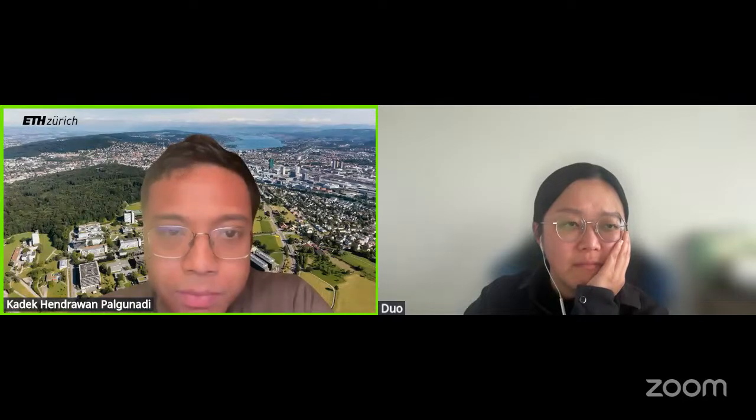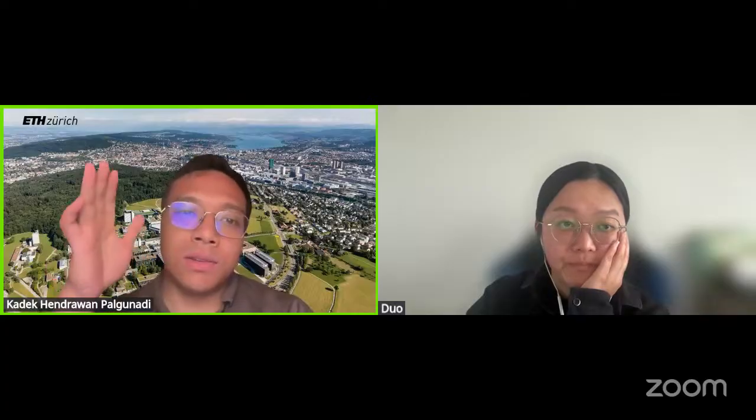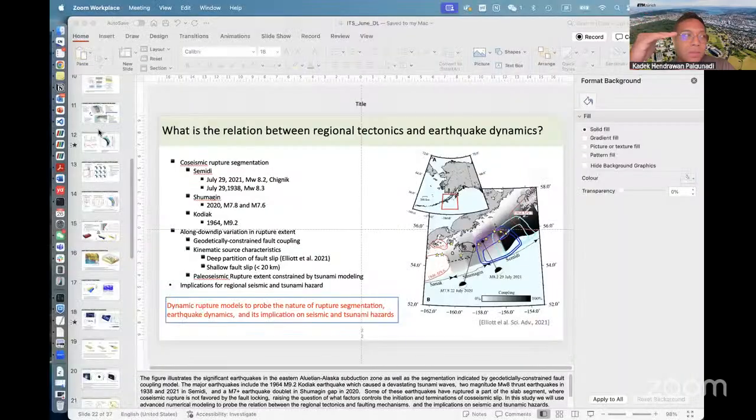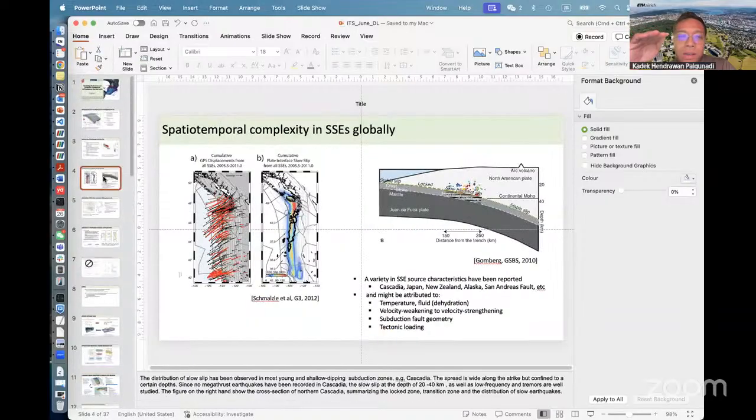So my question is, does this slow slip event only occur at specific conditions along the slab, or can it occur at any subduction zones, or is it more related to the material of the slab or the plate rate or something like that?